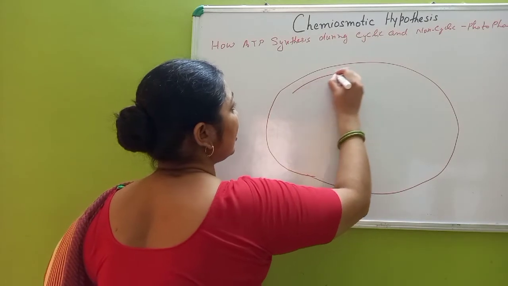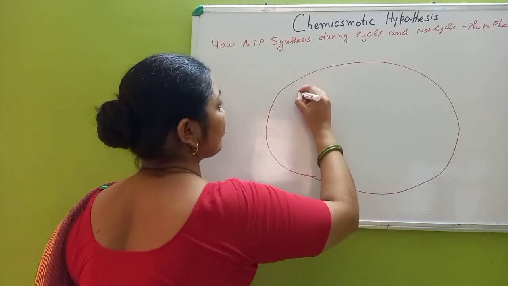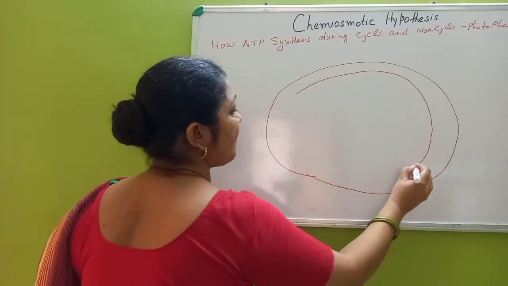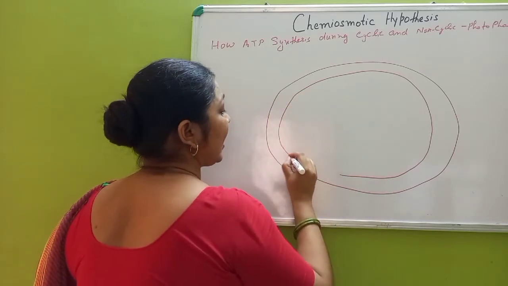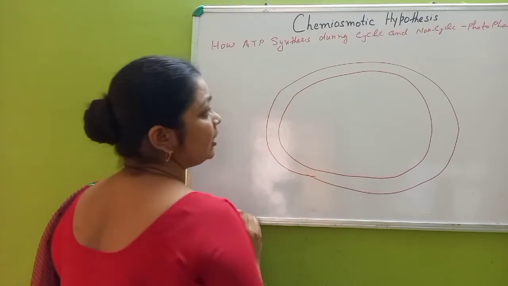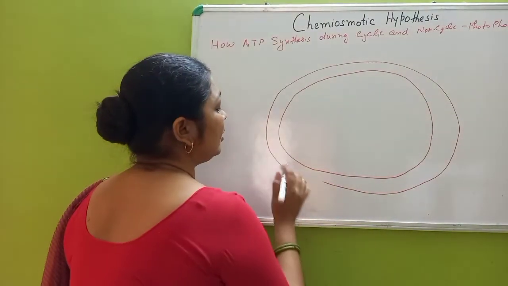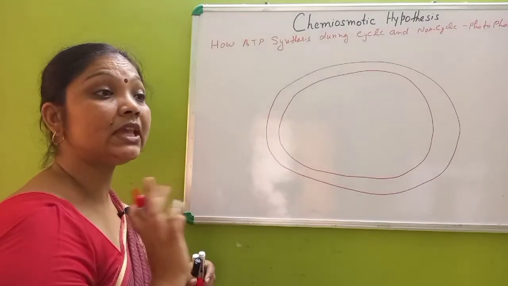This is a thylakoid that I have already told you, that is the double membrane structure. The thylakoid is a double membrane structure. So this is a structure of one single thylakoid.